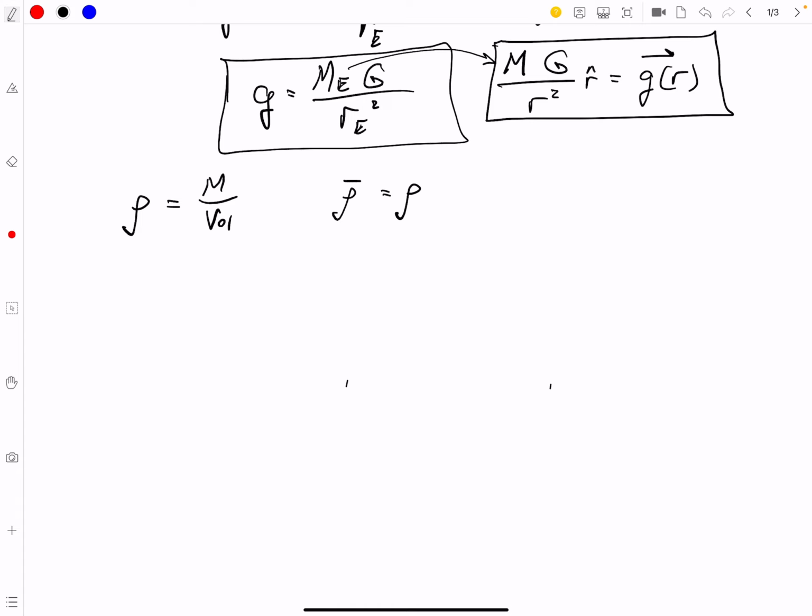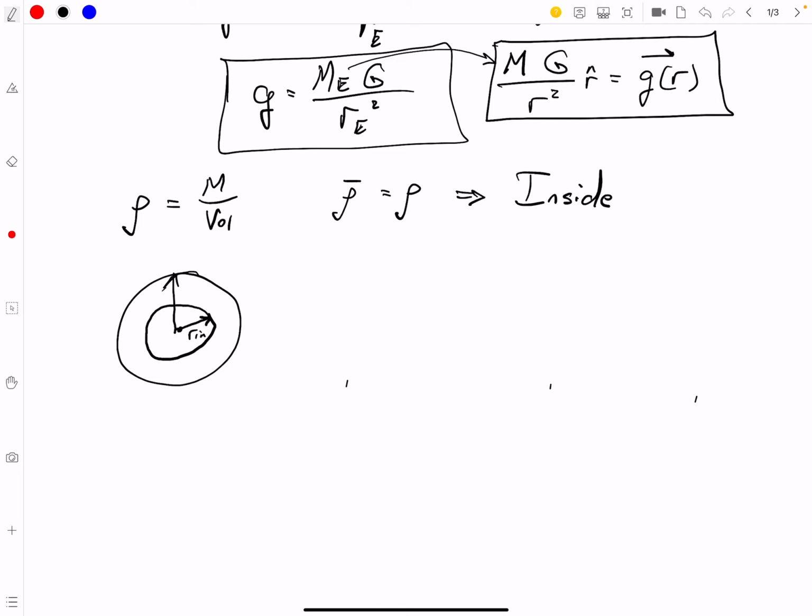And if we go through all the motions and we want to look on the inside, so here's our planet. We want to know what the gravitation is at this radius, r in, where this is the total radius of the planet or object.